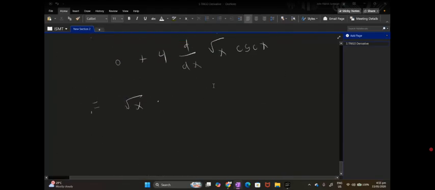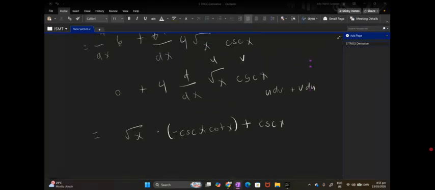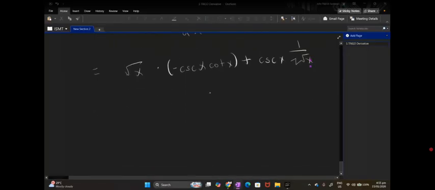So, it's gonna be u, square root of x, times negative cosecant x cotangent of x, plus cosecant of x, ito yung v natin, u dv plus v du, times the derivative ng square root of x, it's 1 over 2 square root of x. So, para isolve natin yan, mas mabilisan.